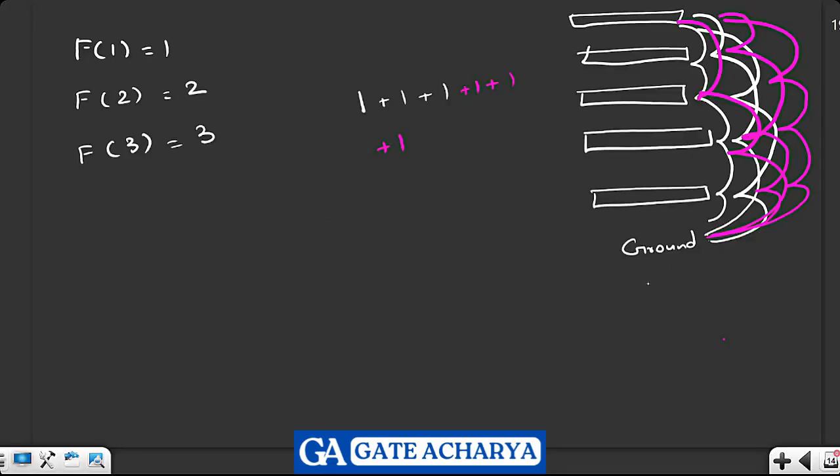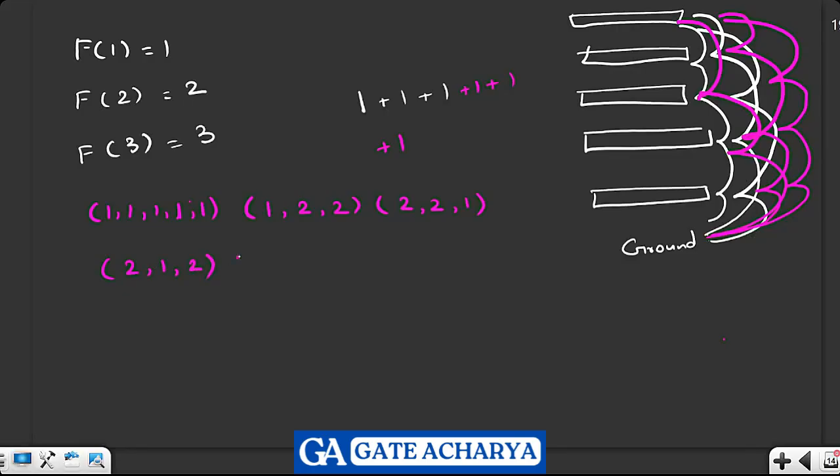So let's write one by one. First case is what? One, one, one. Then one, two, two, then two, two, one, and then two, one, two.